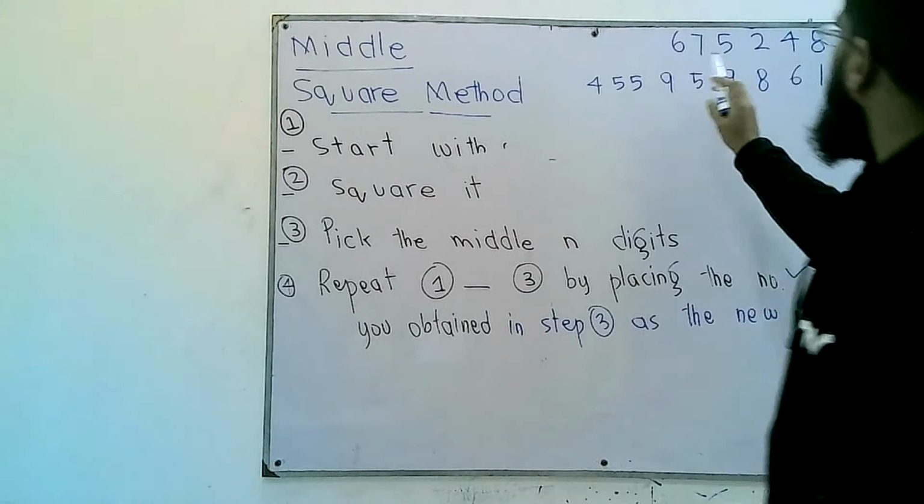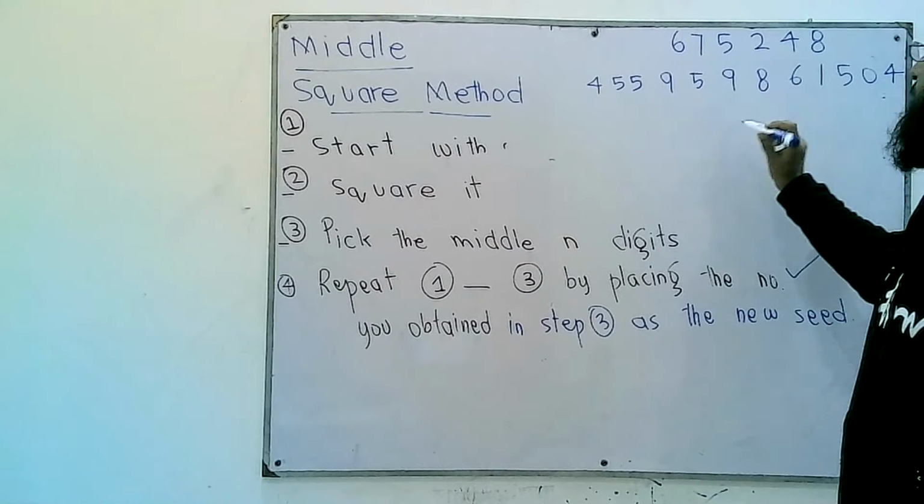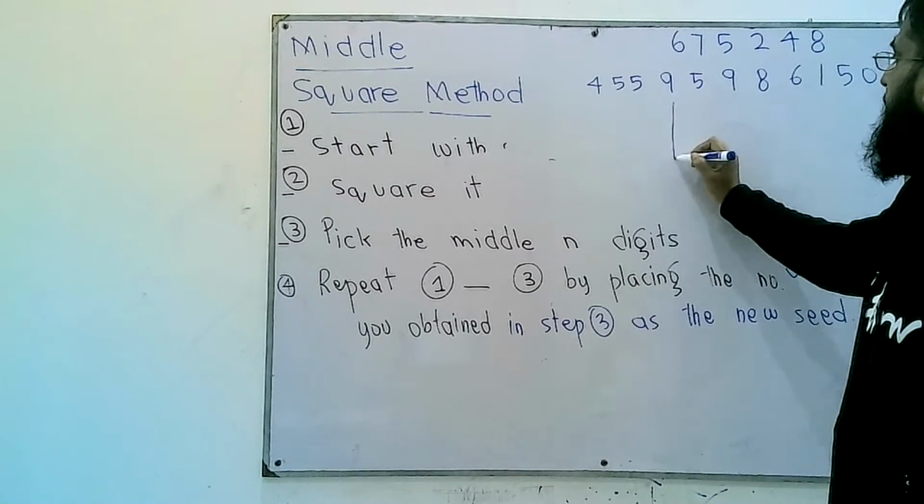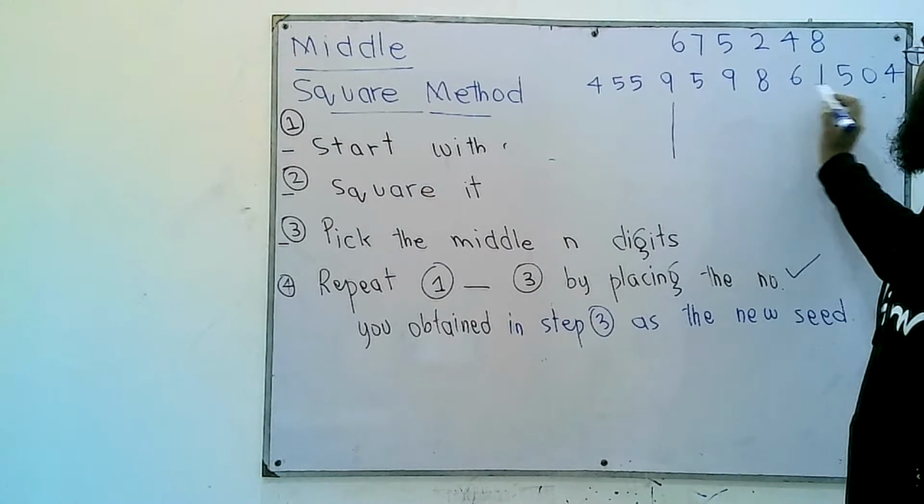So this number is actually of 12 digits, and we have to pick the 6 middle digits.